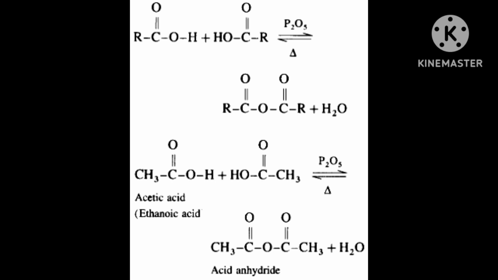Okay, then here what will happen? The hydroxyl group of carboxylic acid behaves like that of alcohol and is easily replaced by a chlorine atom. OH is minus, Cl is minus. That's why it is easily replaced by a chlorine atom on treatment with PCl5, PCl3 or SOCl2.